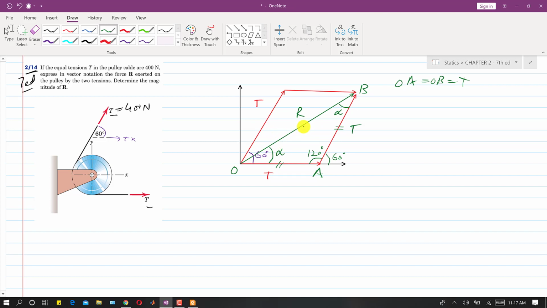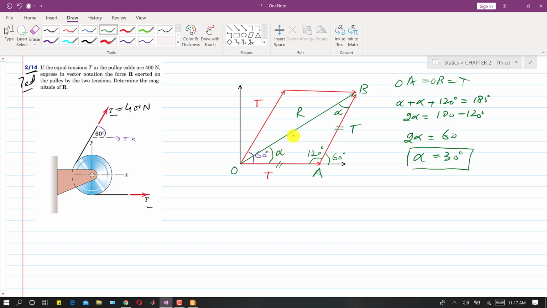Now we need to find alpha. From this triangle OAB, alpha plus alpha plus 120 degrees will be equal to 180 degrees, right? So then 2 alpha will be equal to 180 minus 120 degrees. So 2 alpha will be equal to 60 degrees. This means that alpha angle is 30 degrees, right?